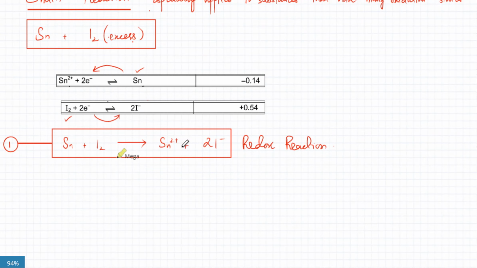Now, once this reaction is over, what do you have in your container? Your beaker contains your products, which are tin 2+ and 2I-, so it contains these ions. And it also contains the iodine that has been added in excess.